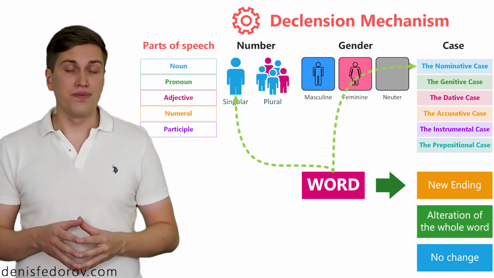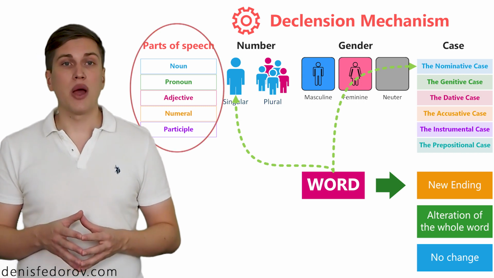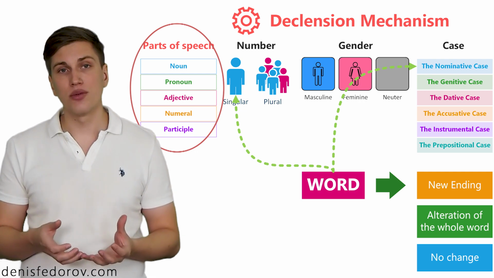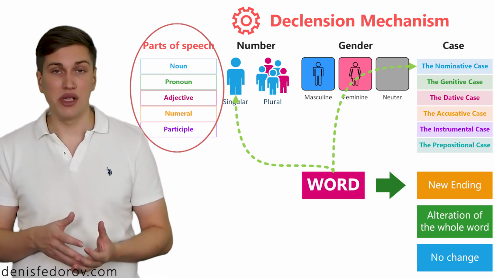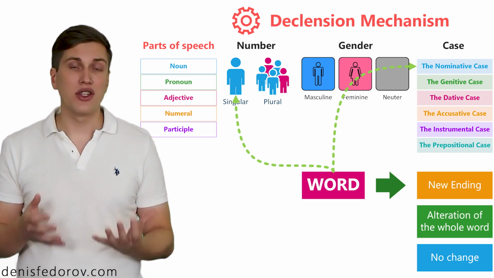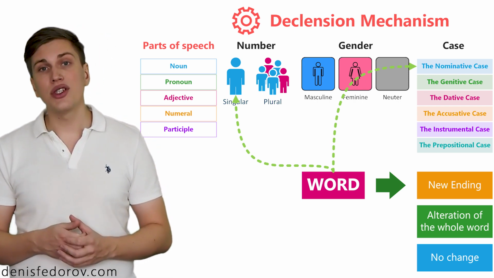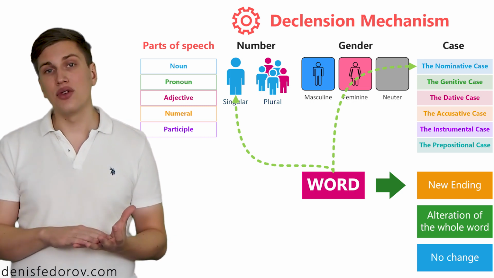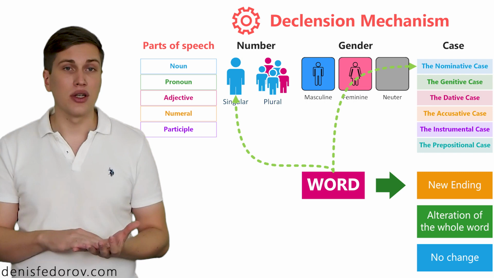So, a conclusion. Declension is the process by which nouns, pronouns, adjectives, and numerals change their forms to alter their syntactical meaning. So, it's the process of this word alteration we mentioned before. And declension is the main part of the beginner's Russian grammar, which is a kind of grammar you need to start speaking Russian.